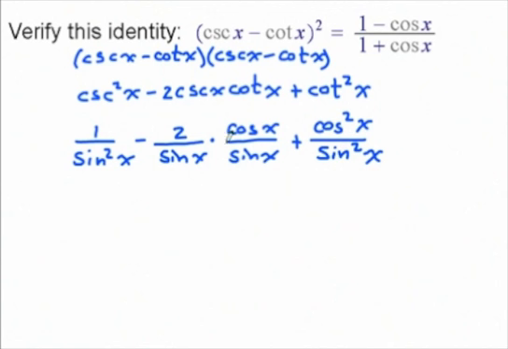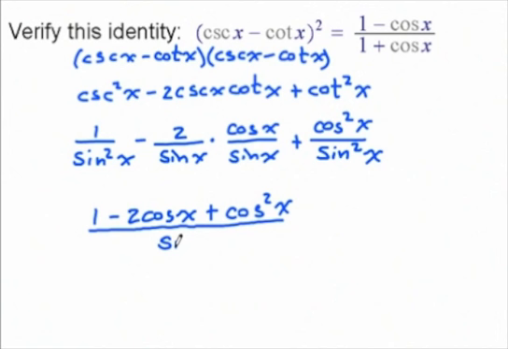Well, at least the denominator is going to be the same all the way across. Each one of them is going to have a sine squared in it. So this is going to turn out to be 1 minus 2 cosine of x plus cosine squared of x all over sine squared of x.